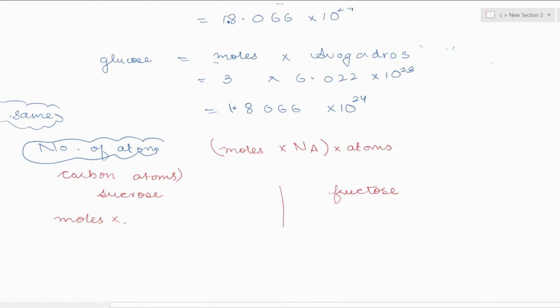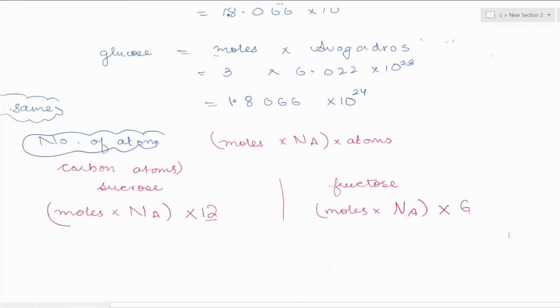Okay, moles into Avogadro number into how many carbon atoms are there in sucrose? 12. So we multiply it with 12. Then in fructose, we use the same formula: moles into Avogadro number into how many carbon atoms are there in fructose? 6, right? So we multiply it with 6.